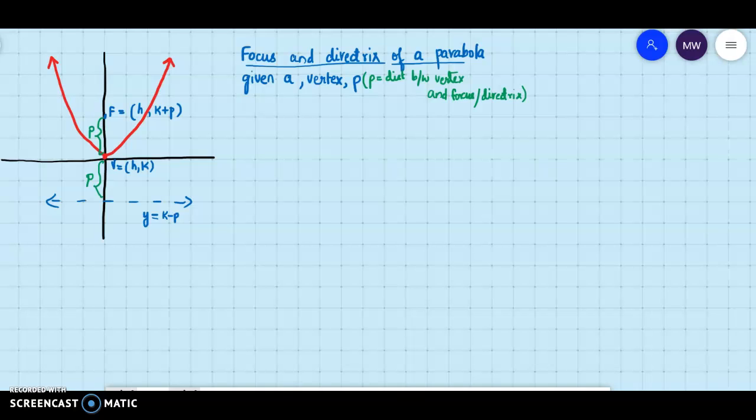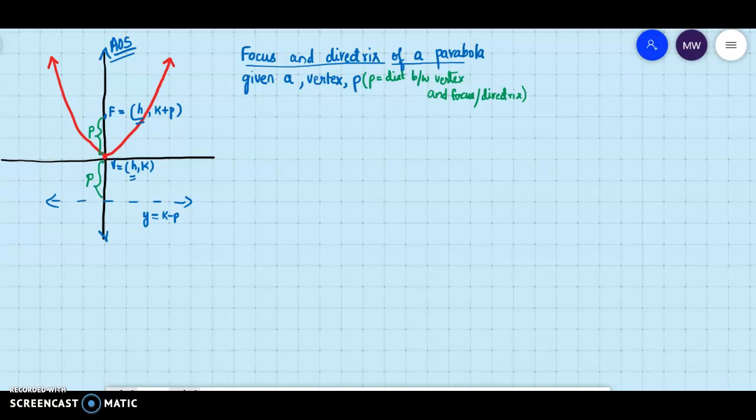Since the vertex and the focus are on the same line, which is the axis of symmetry, they will share the x-coordinate. They will both have h as the x-coordinate.